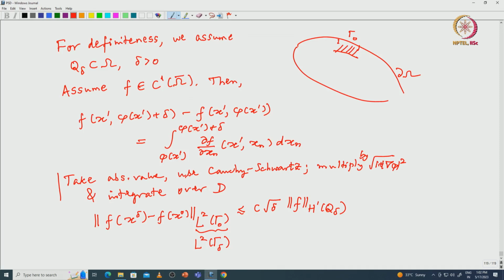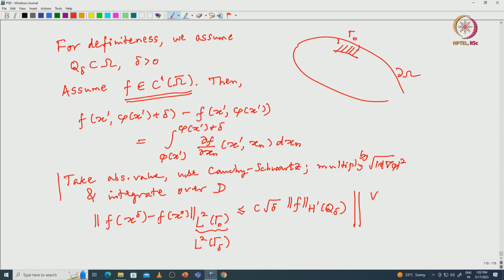Okay. So, now we just proved these two inequalities for C1 omega functions which are C1 in omega bar. But we have already learned that C1 omega bar is dense in H1 omega, and since we are only using integrals here, this is also valid.